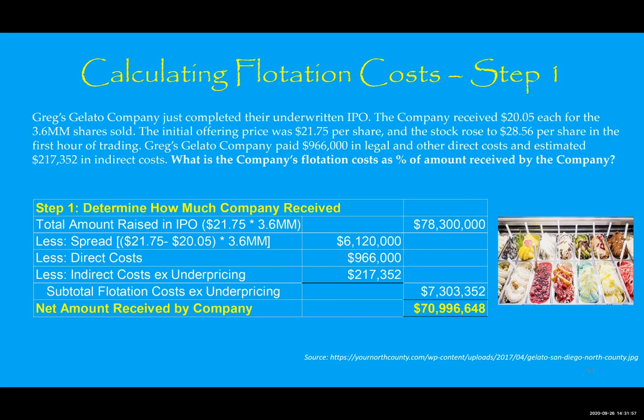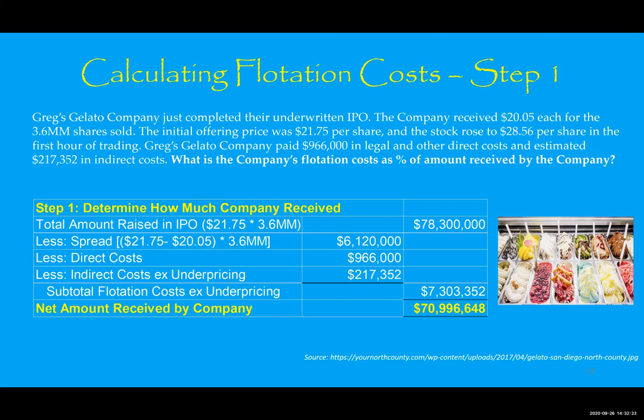The underwriting spread is the difference between the initial offer price and the price that the company received times the number of shares that was sold. So we take $21.75 minus $20.05 times the 3.6 million shares sold, and we get 6.12 million. That's the spread that's going to the underwriters.